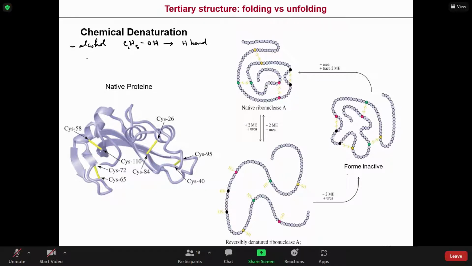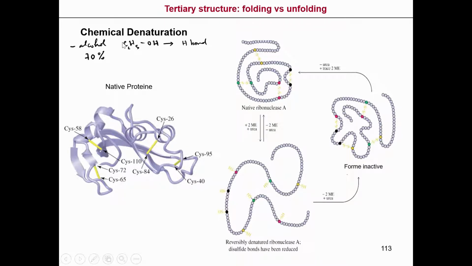So normally you can use a solution of 70% alcohol. At this concentration, the alcohol is able to penetrate the bacterial or virus cell wall, and so denaturate the proteins and the enzymes inside the microorganism.